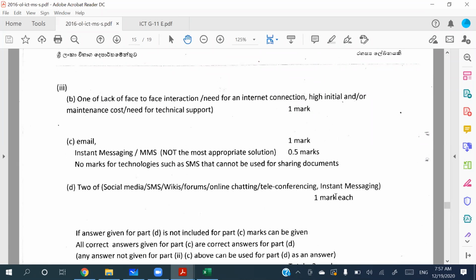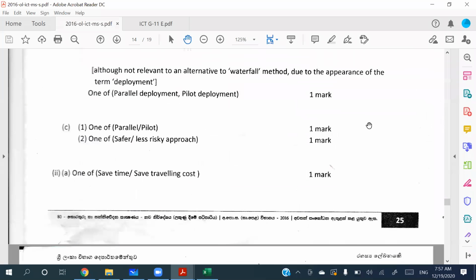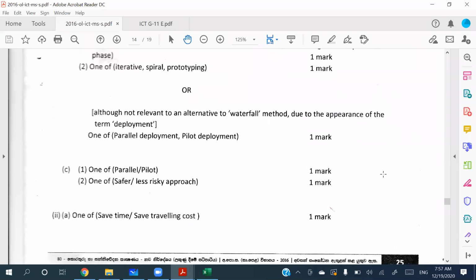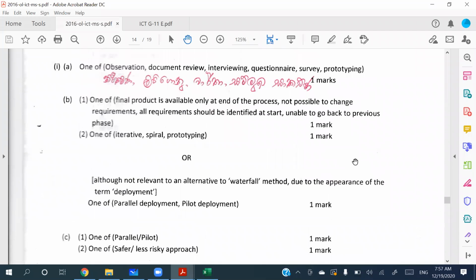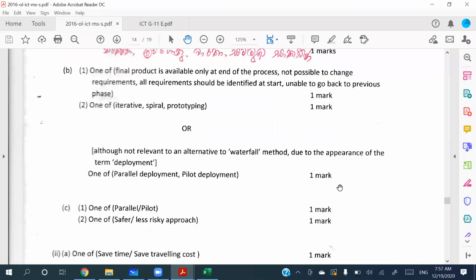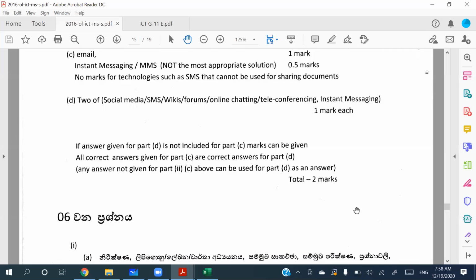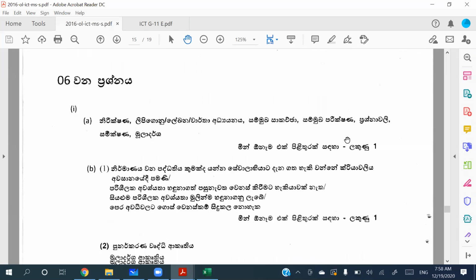C is going to have 1 mark, B is going to have 1 mark again, and A is going to have 1 mark. And for the first part, A is going to have 1 mark, B is going to have 2 marks, and C is going to have 2 marks again. Right? So likewise, see how many out of 10.